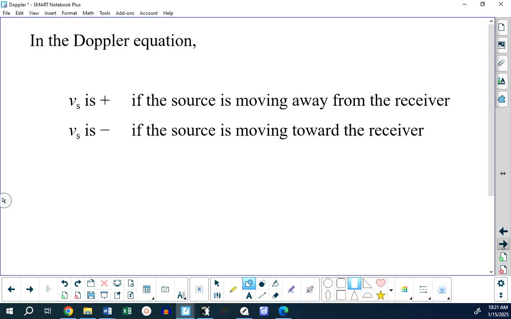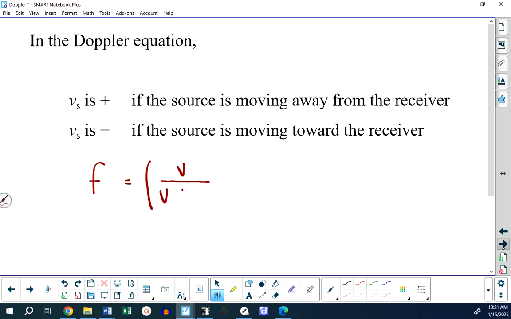So your formula says the frequency you observe is V over V plus V sub S times the frequency, if you are moving away. I'm just breaking this down for you. I'm not going to use the rule, and I'm going to try to get you not to use the rule.